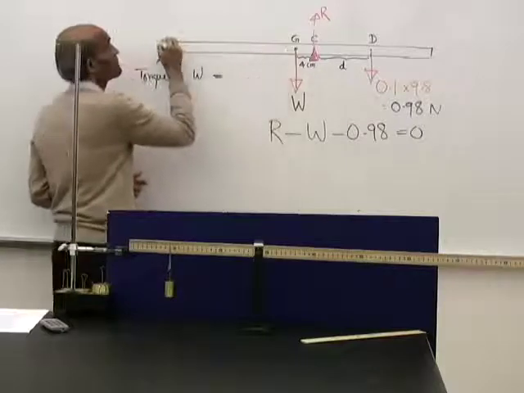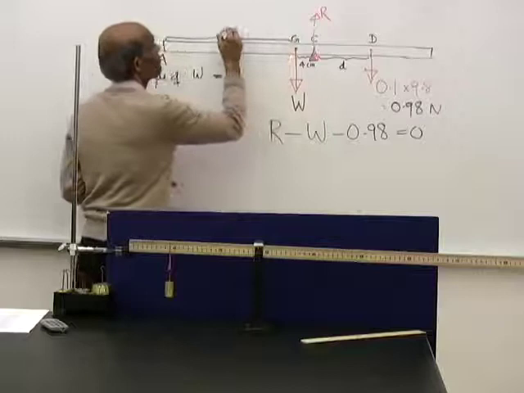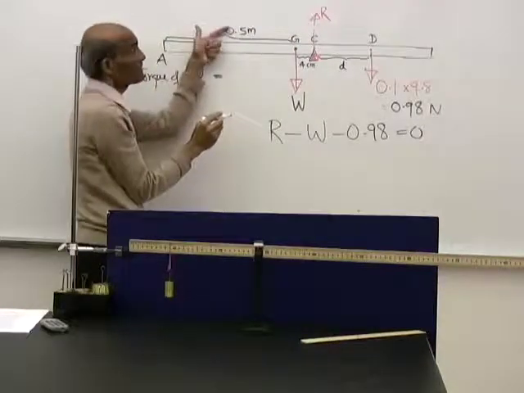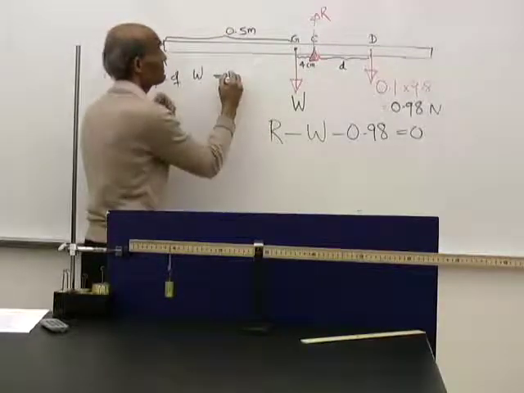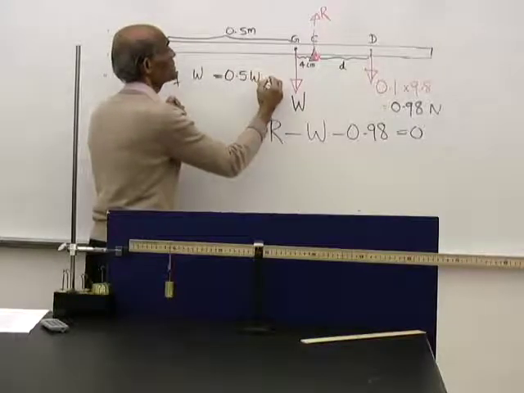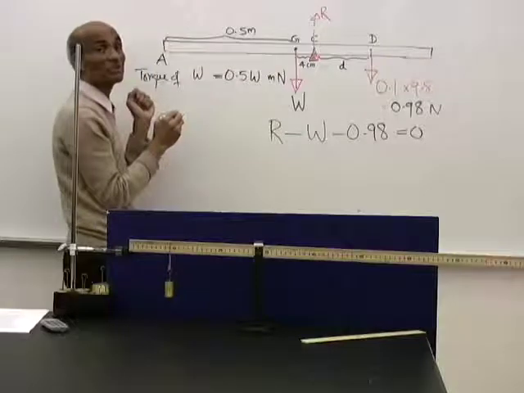That means this distance is, what is that distance? 0.5 meter. So we will write the torque as 0.5 meter multiplied by W. So that will be 0.5 times W. Meter Newton is the unit of torque.